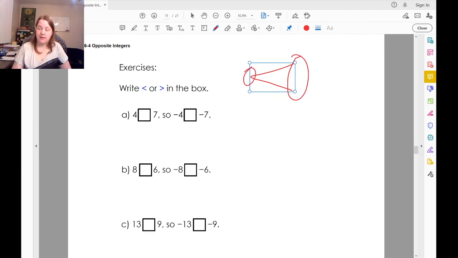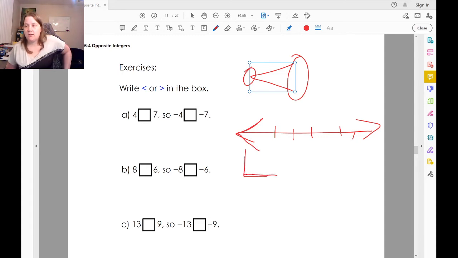The smaller side goes to the smaller number. Or you can also remember that the less than sign and the greater than sign are on the number lines. The less than sign is for the smaller, the greater than sign is for the larger. Or you can remember the less than sign, if you turn it, makes the letter L. How fun.